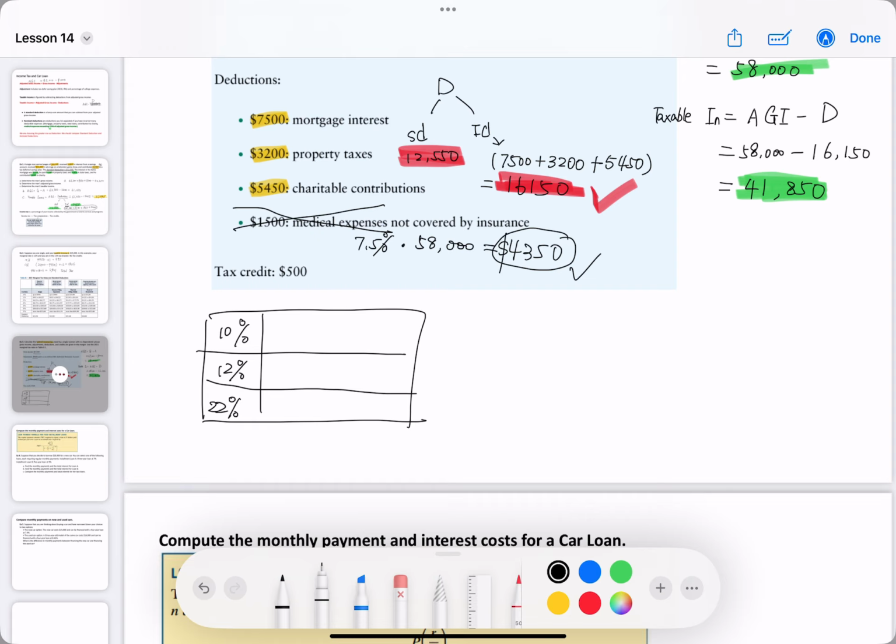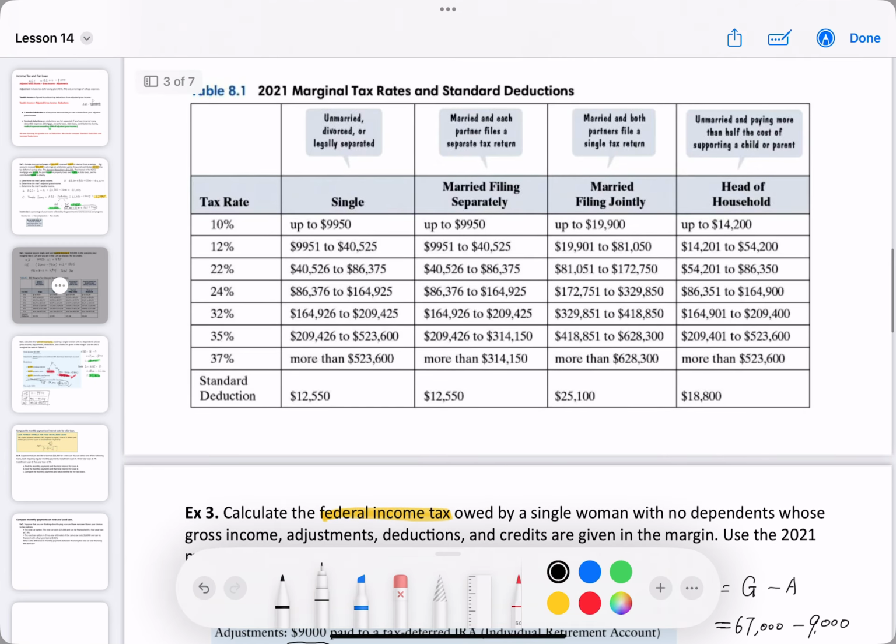And the money here: the first bracket is from 0 to 9,950, the second bracket is 9,951 to 40,525, and the next is 40,526 to 86,375. Copy it from the table from the previous part. This is the table here.